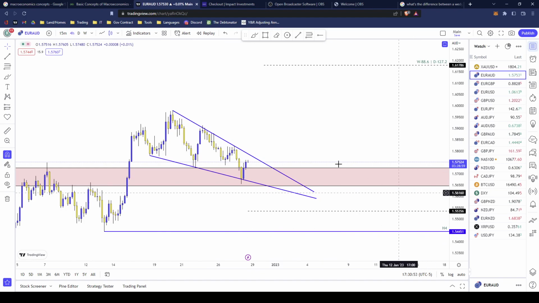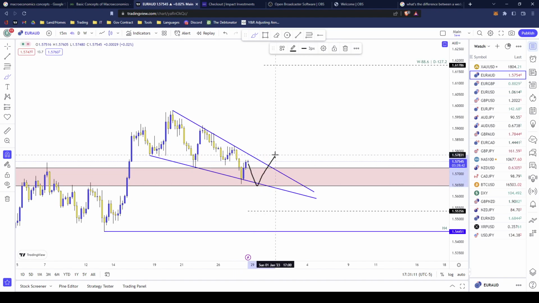If it does not break, then we'll get into very short lows here. What that would look like, it'll have to be something obvious. For me, I'm not convinced unless it comes down, wakes up here, and then does something like this where it breaks structure again. That's obvious to me that it's all right.